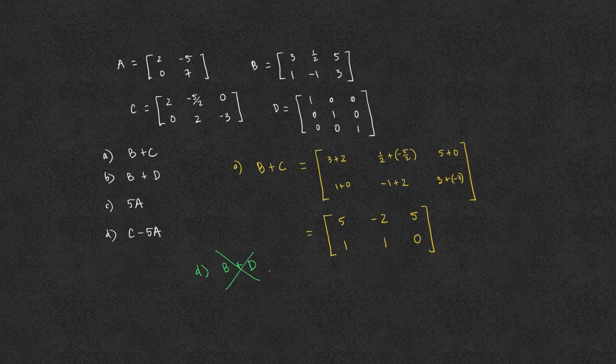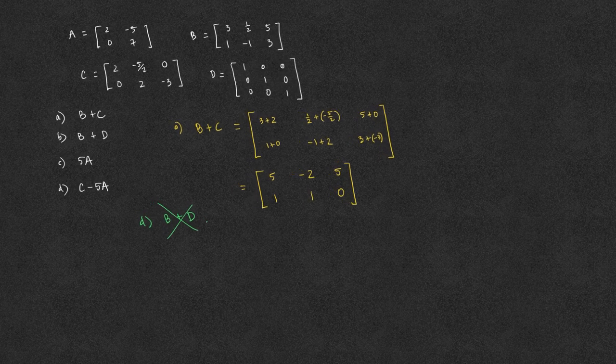To compute 5A, we simply take the matrix A and multiply 5 to every single entry of the matrix A. The matrix A is 2, -5, 0, 7 as given.